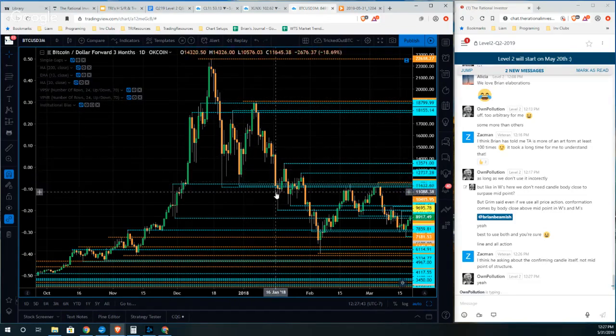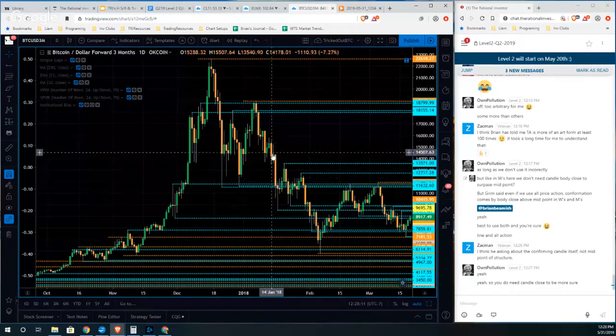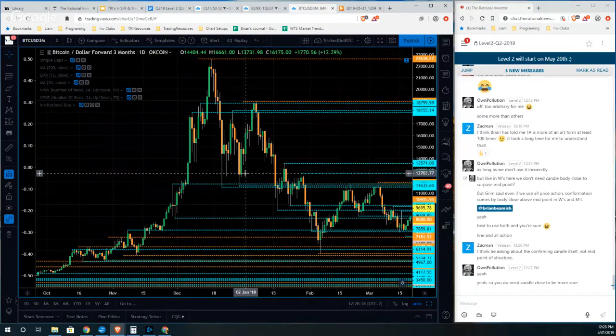Then the market comes down, boom, and simultaneously on this candle, the tails are taken out. And also the candle body lows are taken out on this candle. So both your wicks and tails and your clotheslines are confirmed on this candle here. Whereas this candle here, yes, it did give you a clothesline M, but it never gave you the wick and tail M.